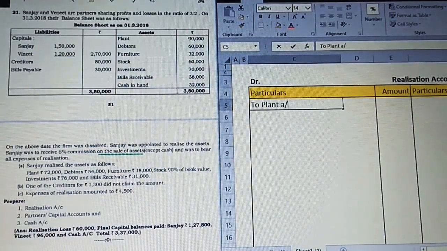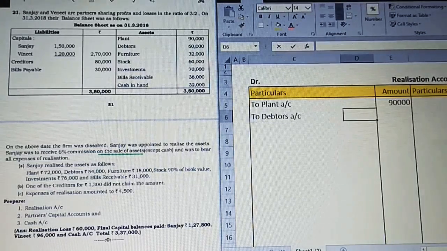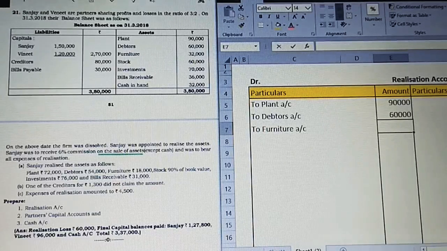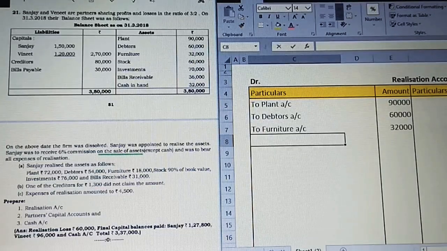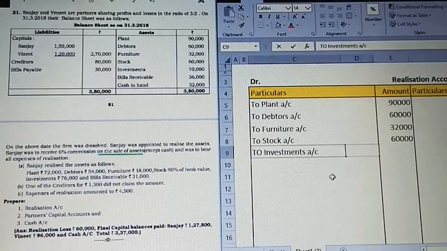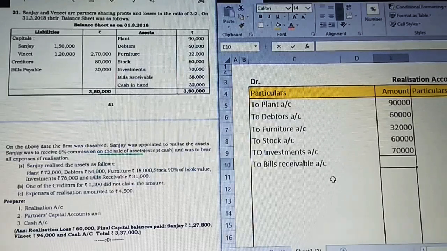To plant account 90,000, to debtors account 60,000, to furniture account 32,000, to stock account 60,000, to investments account 70,000, to bills receivable account 36,000.